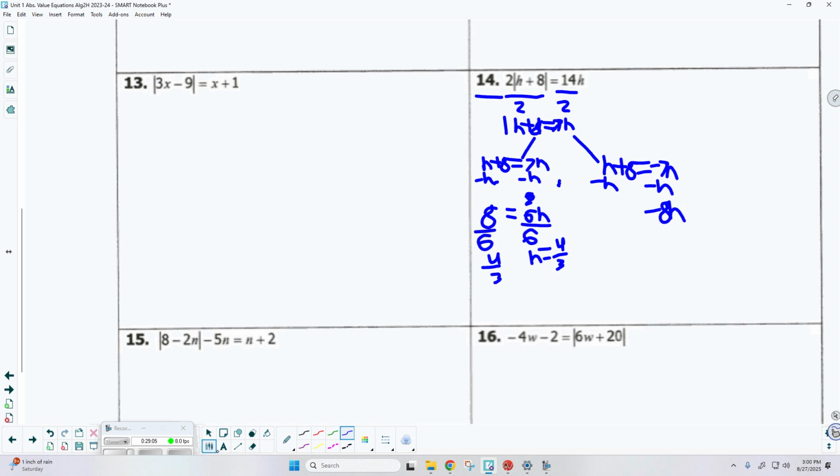So negative 7h minus h, we got negative 8h equals 8. Here in the home stretch. We're going to divide through by negative 8.